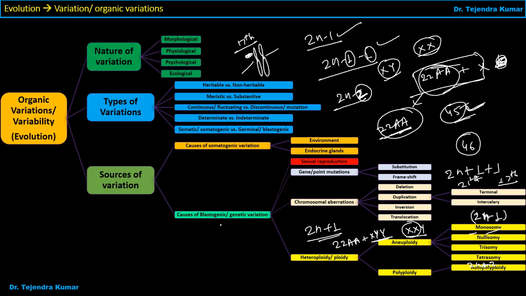Likewise, a man is generating a gamete. Generally, gametes are n, right? But suddenly this gamete is 2n and it is generated from a man, a male. So both sets of the genome are from the man. Now it is fusing with the female gamete.